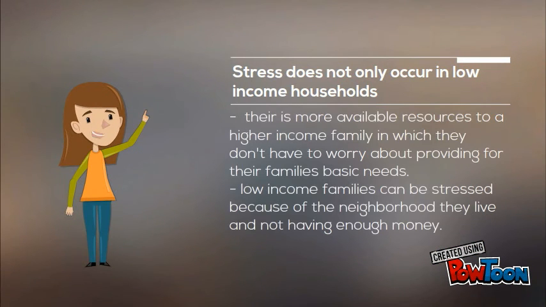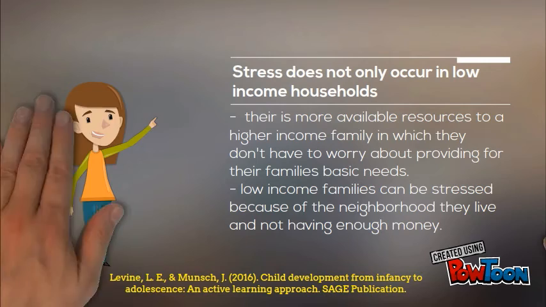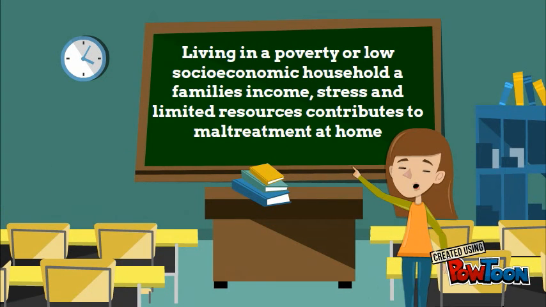Some may argue that stress does not only occur in a low-income household, but in a low-income home, stress accumulates from not enough resources, money, and the neighborhood they live in. Living in a poverty or low socioeconomic household, a family's income, stress, and limited resources contribute to maltreatment at home.